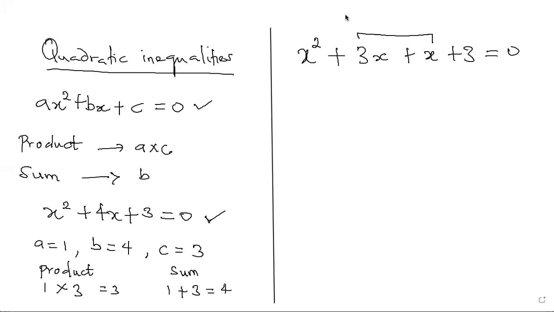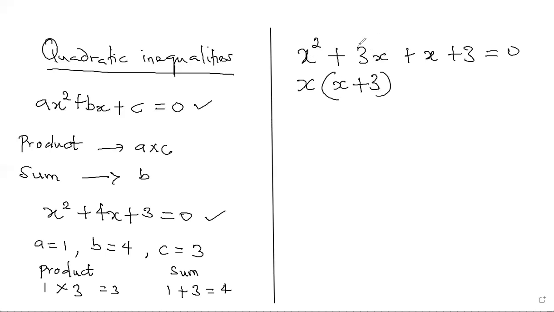So what do you do next? Then you factorize these two terms, you combine these two terms, then these two terms you combine. You need to look at what is common to these two terms. So x is common. You factorize it out, then plus x plus 3 is what you have remaining. When you pull out x from here, you have x remaining.